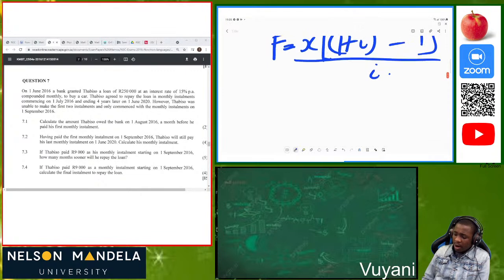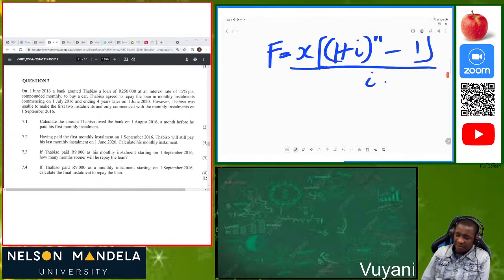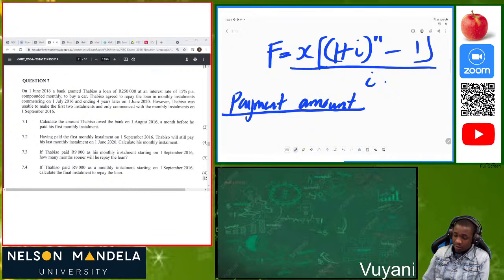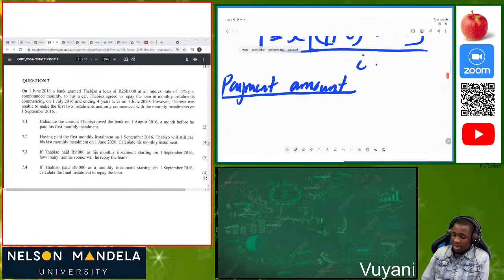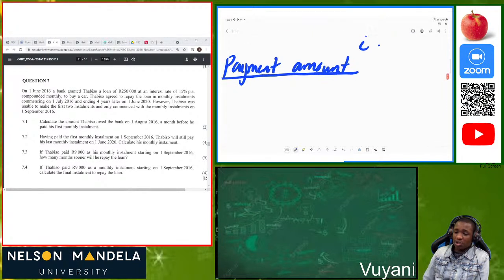Okay, cool. So now maybe if they ask you to calculate the value of x, let's just say the payment amount. Maybe you're supposed to pay 4,000 a month so that you can acquire and finish paying your amount. So this is the future amount. x is representing the payment amount which you can pay every month so that you can cover your credit.